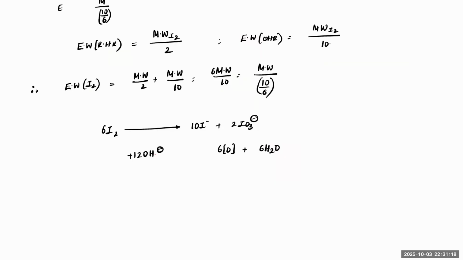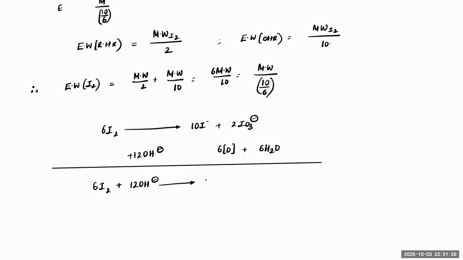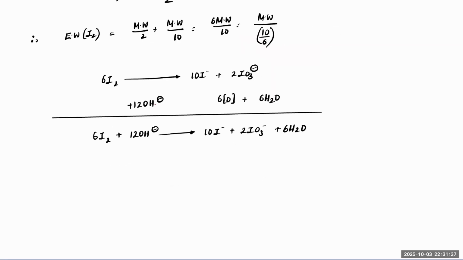So what do I get here? We will get 6I2 plus 12 OH minus, giving 10I minus plus 2IO3 minus plus 6H2O. Now you divide everything by 2.